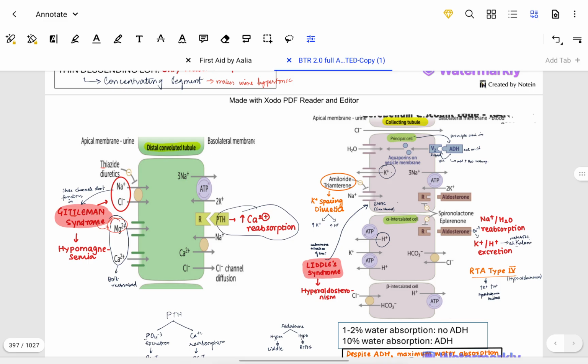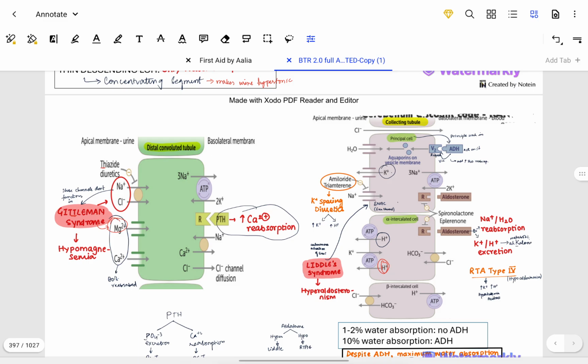H plus is being excreted, and potassium is being reabsorbed. Don't confuse yourself that potassium is in exchange of H plus. Just remember that H plus is being excreted. Then finally in beta intercalated cells, chloride and bicarbonate are exchanged.